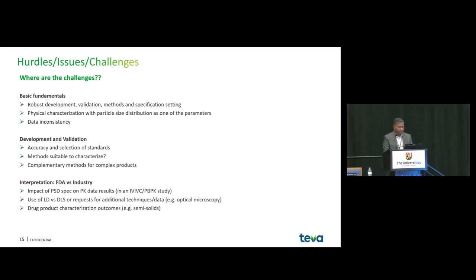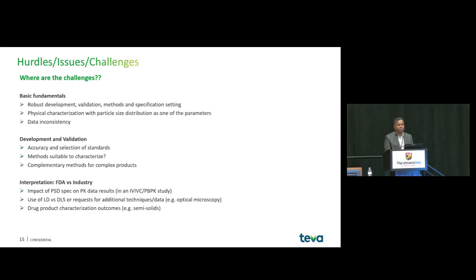So when you see validation challenges and corresponding skewed data, does the finger point to the method suitability? How is the instrument contributing to the skewed data? And then are we also looking at complementary methods for complex products, especially in situations where not only the size is significant, but also the shape of the particles?